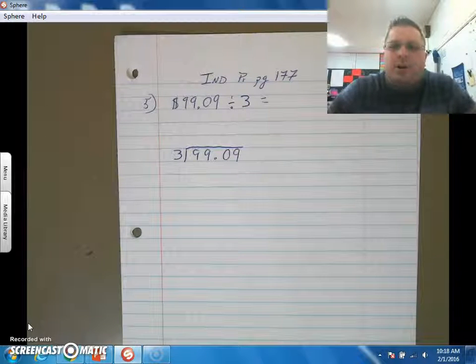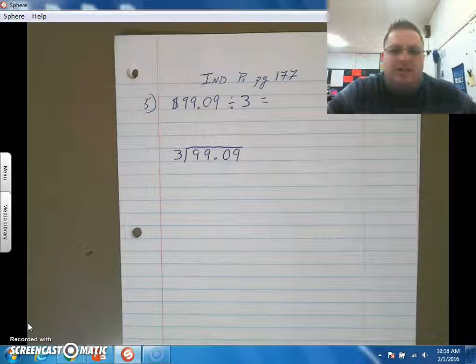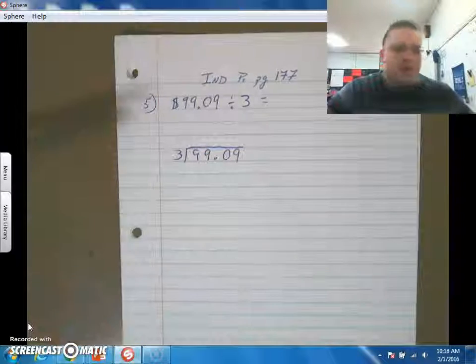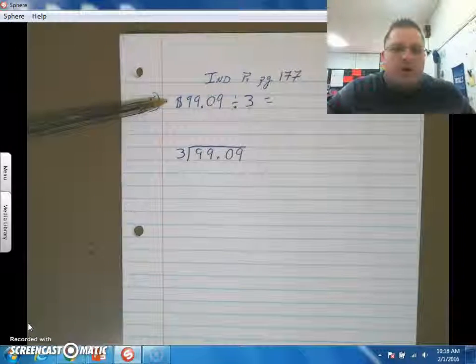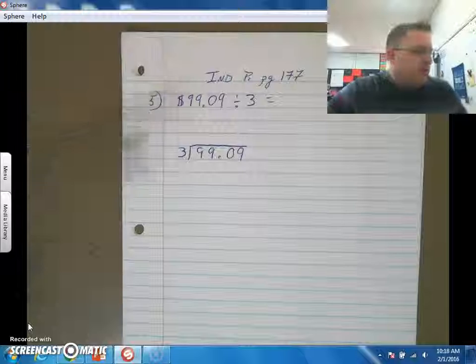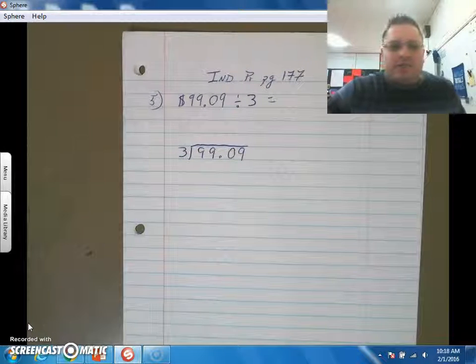So, on independent practice, you should be doing this in your notebook again. You'd write out number 5, which was $99.09 divided by 3, which they wrote horizontally. When we go to solve with long division, we want to set it up for the standard algorithm.